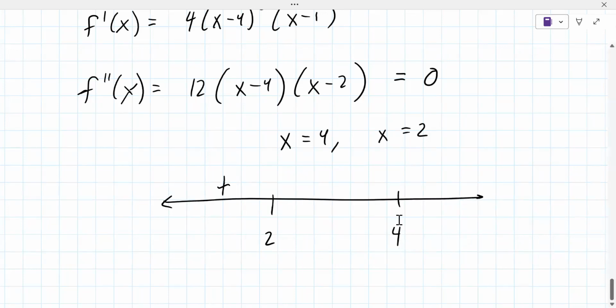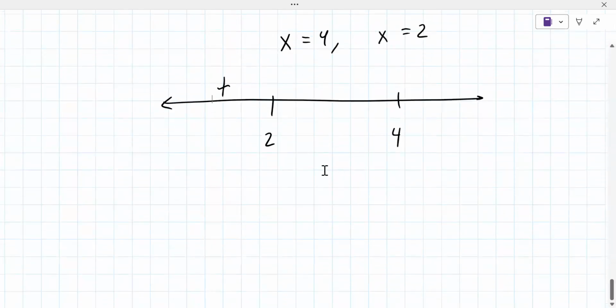You can't test that, so make sure you put your test points in a different spot. 3 is negative. Five is positive. So x equals 2 and x equals 4 are both inflection points.